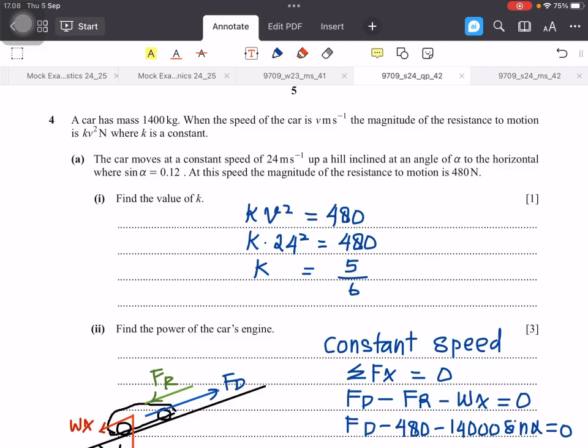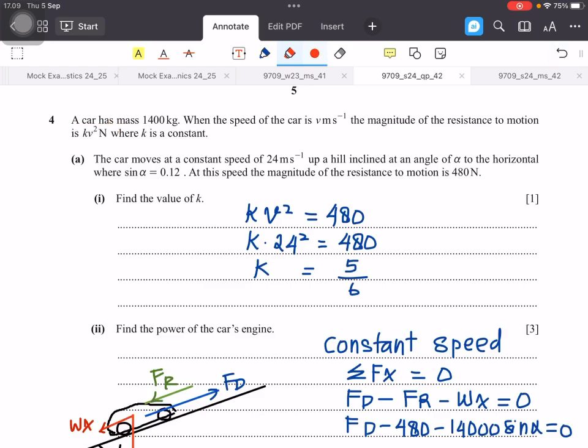Question 4. A car has mass 1,400 kilograms. When the speed of the car is v meter per second, the magnitude of the resistance to the motion is kv squared Newton, where k is a constant.